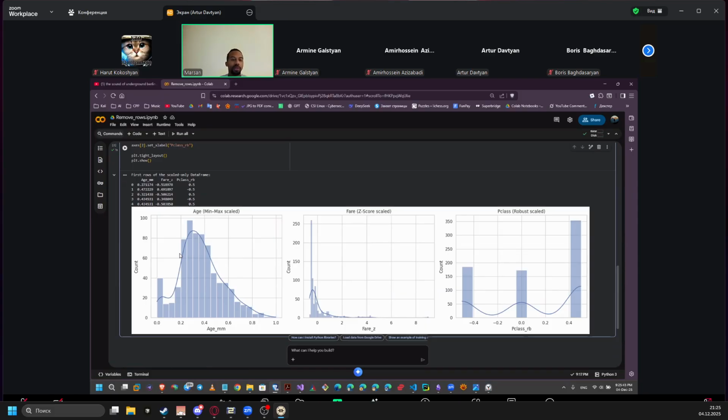Here we just have the scaled age. So it's a new value corresponding to the distribution that we had before.